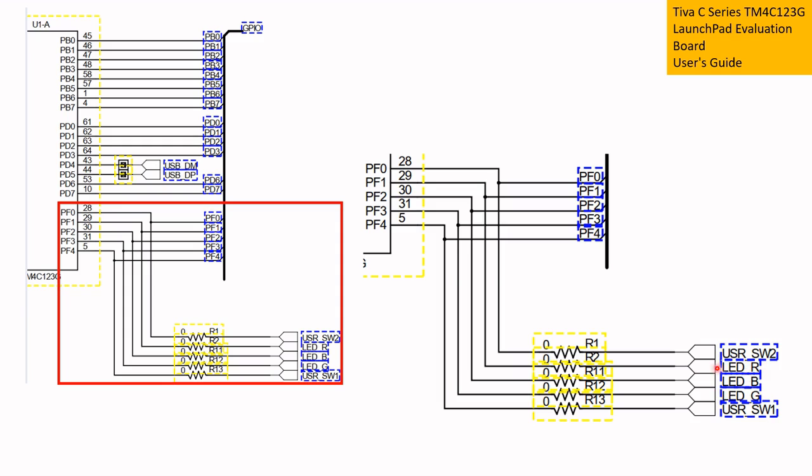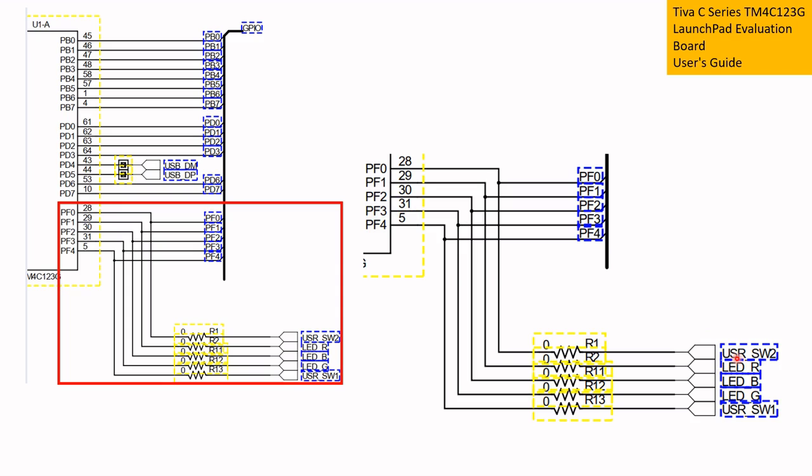Now LED R is connected to PF1, that is port F bit 1, and the blue LED, LED B, is connected to PF2, port F bit 2, and finally LED G, green, is connected to port F bit 3.